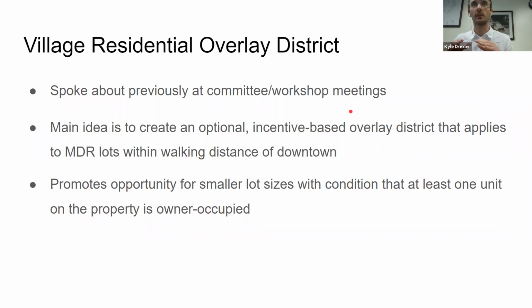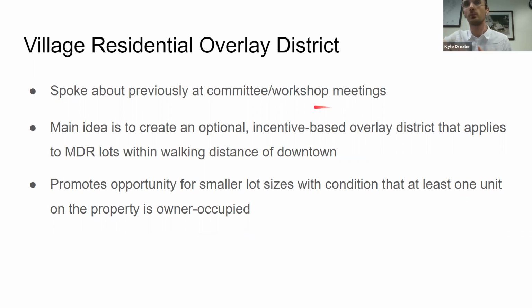So we're going to be talking about a few different types of zoning districts throughout this presentation. An overlay district is something that sort of sits on top of the existing zoning district. So the village residential overlay is an option for lots in the medium density residential district. So if someone doesn't want to take part in the overlay, they don't have to, and they can continue to abide by the existing MDR standards.